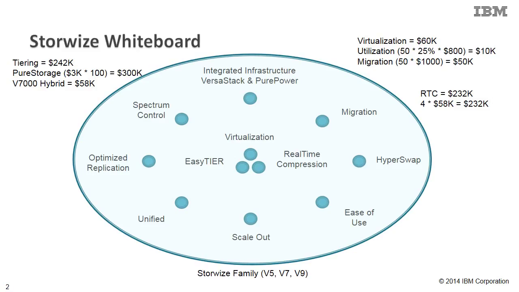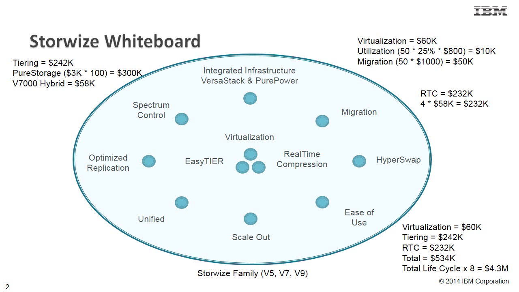Nobody else has that kind of capability. So it really gives the customer not only a lot of value, as we've explained in this presentation, but it also gives them choice. They can buy a V5000 at a very low price for a remote office branch office, a V7000 for a departmental location, or a V9000 for their tier 0 or tier 1.